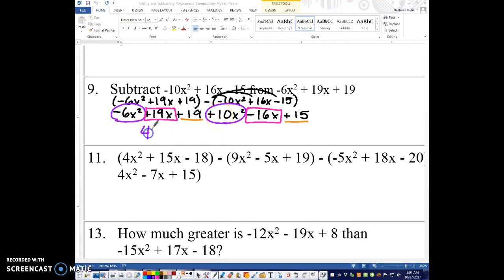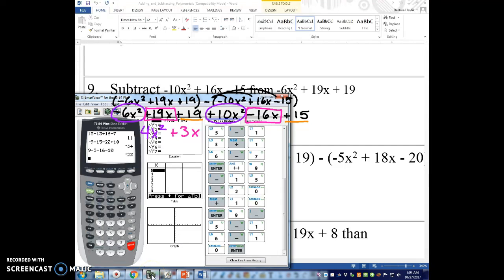It's 4x squared. Okay, then we have 19 minus 16 is what? 3x. And lastly, we have 19 plus 15, which is what? Let's look. 19 plus 15, 34.